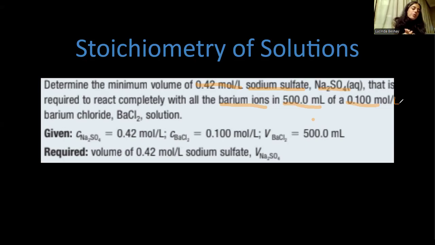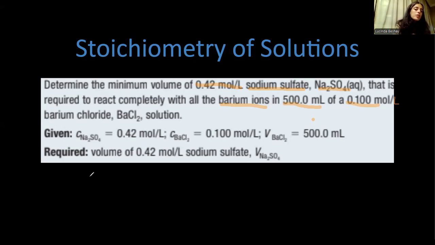That's an easier one. What do you think we're going to use in this case? If you're saying N1V1 equals N2V2, you are correct. Or sorry, C1. Why do I keep saying N? So C1V1 equals C2V2, and then you just plug your values in, isolate and solve.